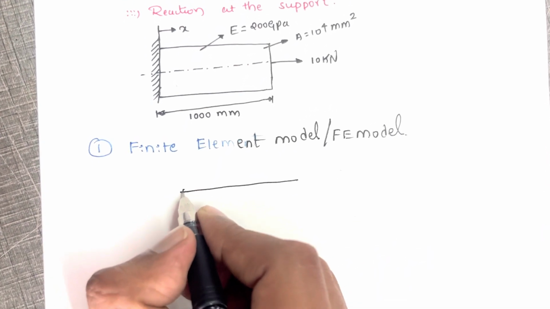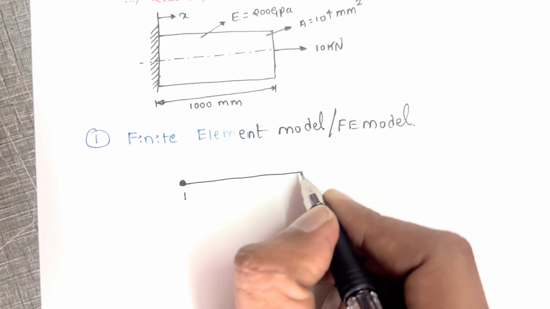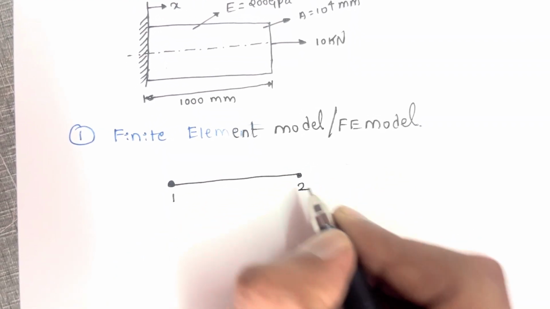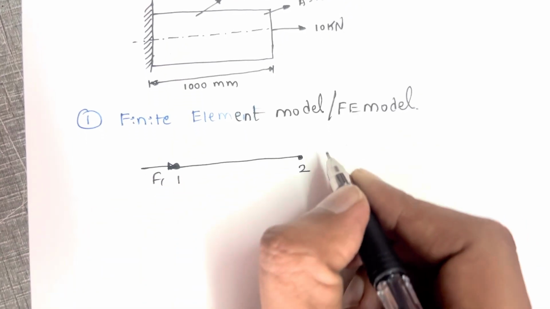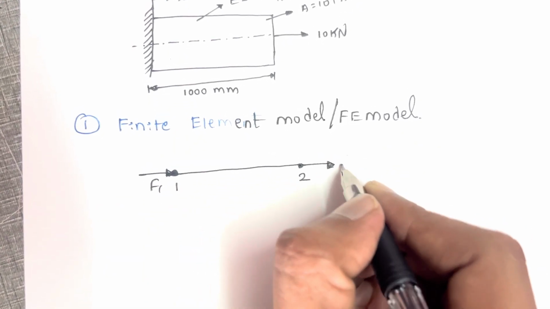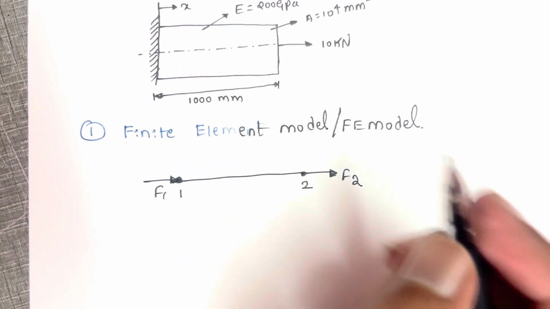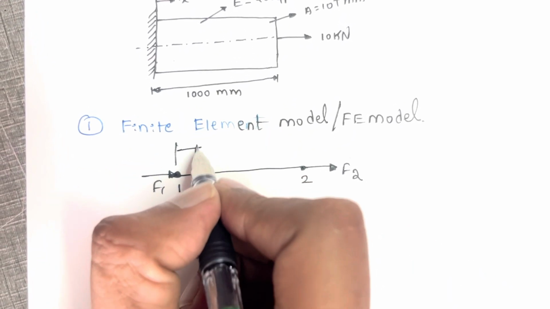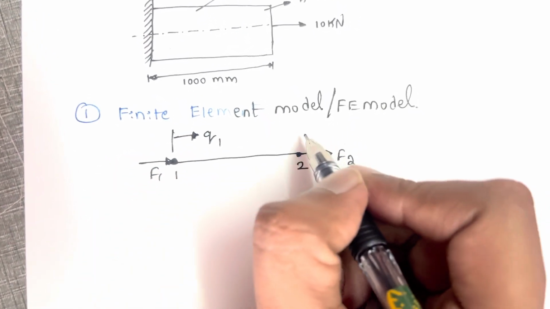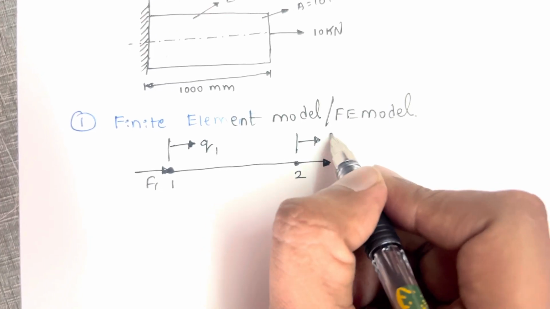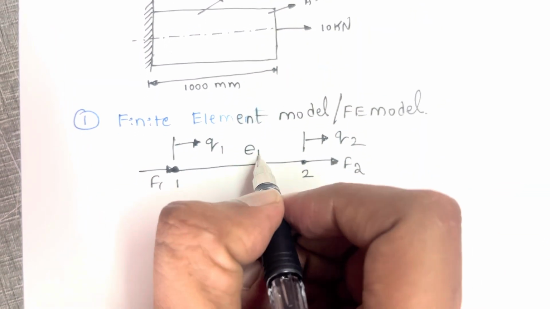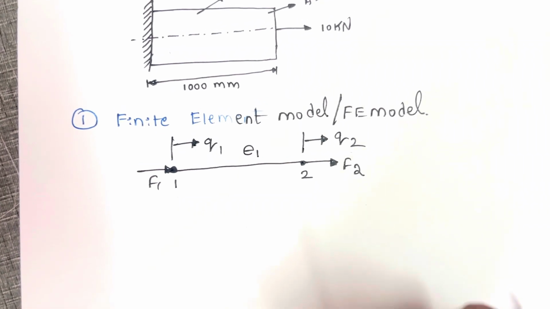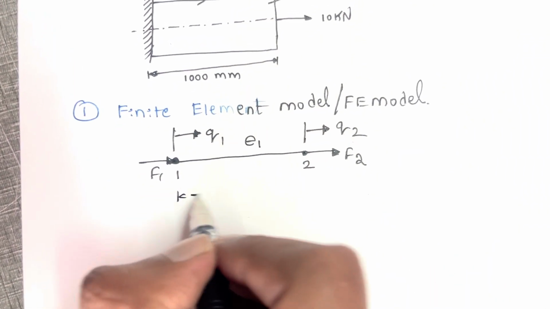This is node 1 and this is node 2. Here we have force F1, here we have force F2. Here the displacement is Q1, and at node 2 the displacement is Q2, and here we have a single element, that is E1, and the length is L.